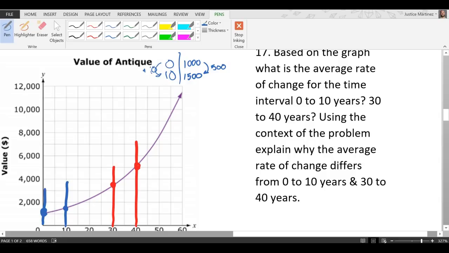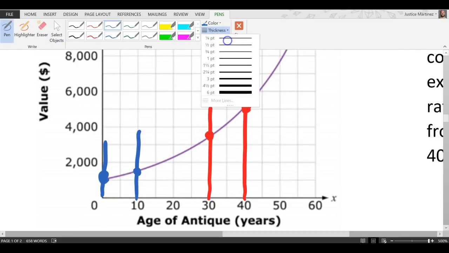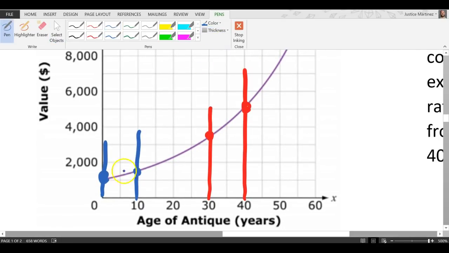Well, 500 over 10 can be simplified to 50. Now, what we just did here is we said, great, I don't know calculus, so I can't calculate the exact length of that line, but I can kind of fudge that line right there with 50.